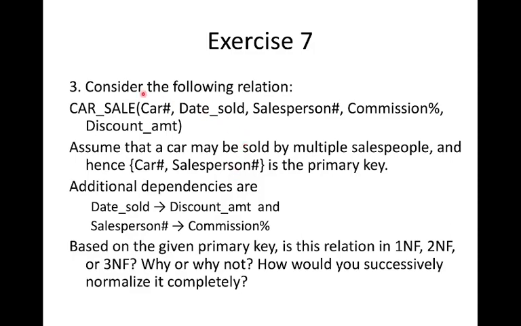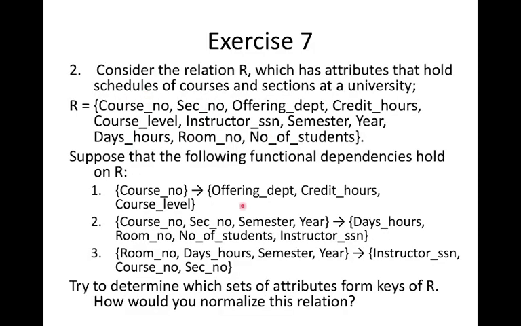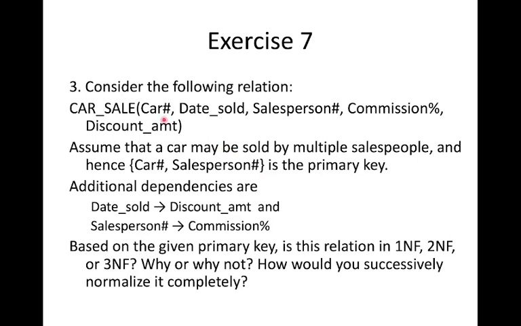One more exercise is there, exercise 3, which you have to do also. Consider the following relation: car sale, with the attributes car number, date sold, salesperson, commission percentage, and discount amount. Assume that a car may be sold by multiple salespeople, and hence car, salesperson is the primary key. So the primary key has been mentioned.